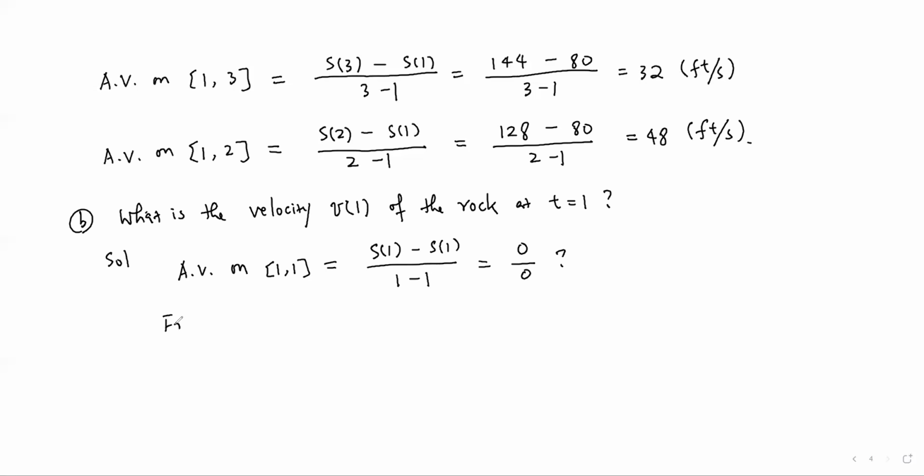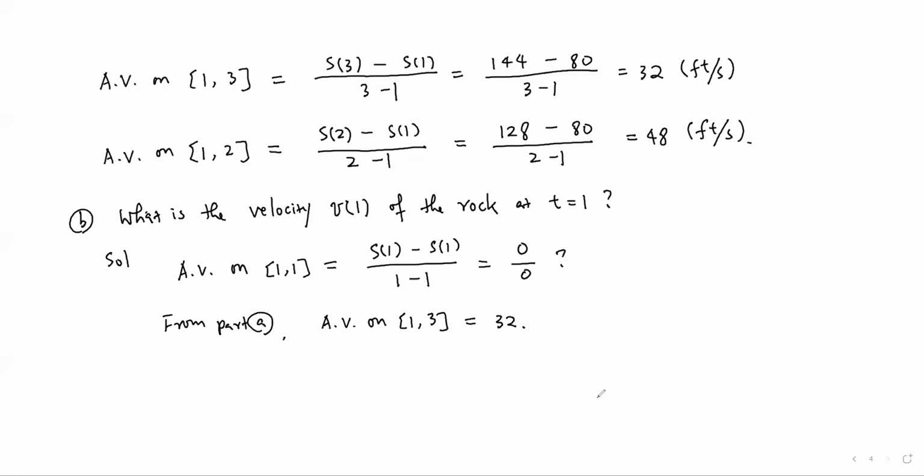From part A, we have computed the average velocity over the time interval 1 to 3 is 32.